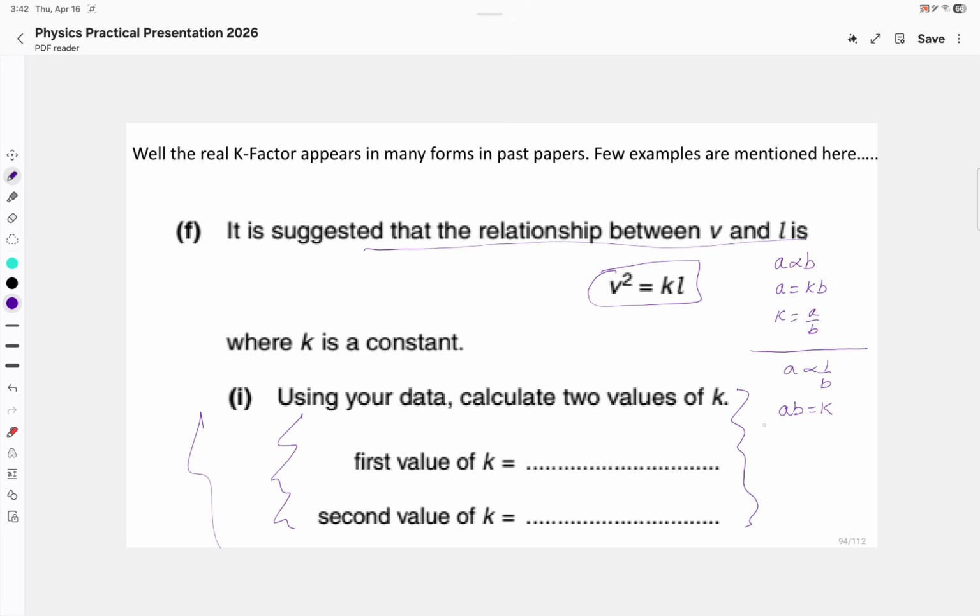They just give you an empty blank space. But that doesn't mean you do not have to find K. You have to properly find K and write down its value. While writing a K value, please do not put the units here. We are not expecting a unit for K values. This is one of the ideas.